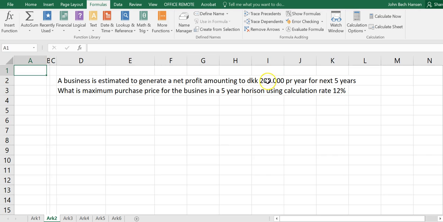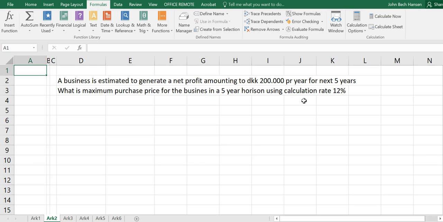So normally, if you didn't take into consideration what time you receive the money, or you will not discount it, then you will say, well, 5 years, each one with 200,000, it's around 1 million. So if I pay 1 million, I will have a zero. But if I pay 900, I will have a profit of 100,000.